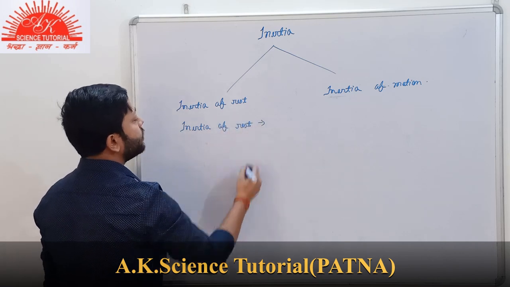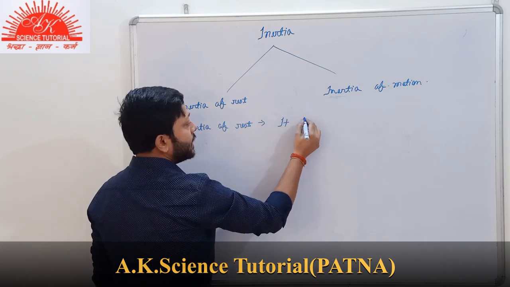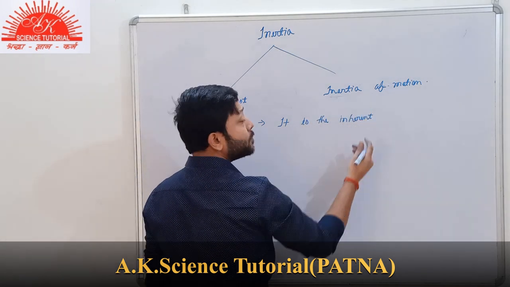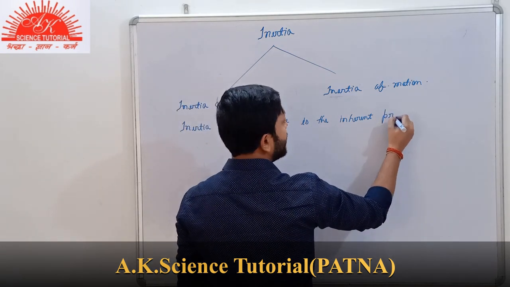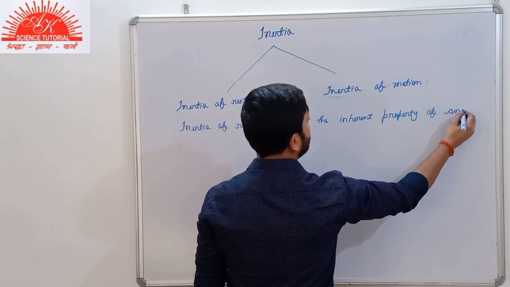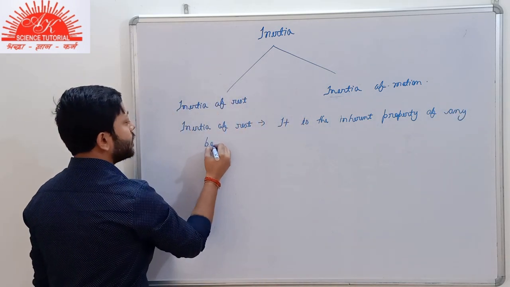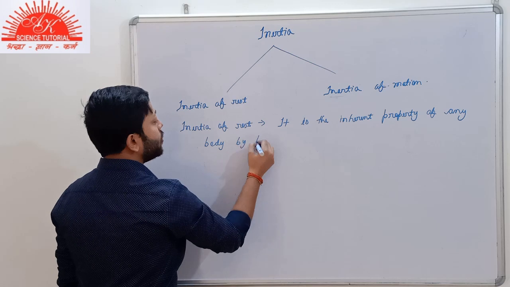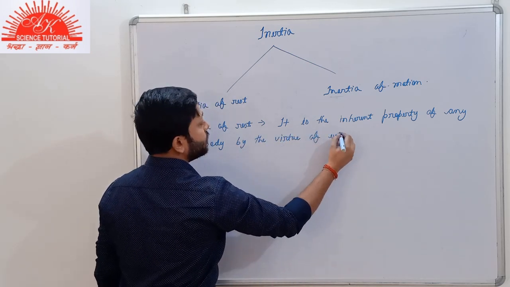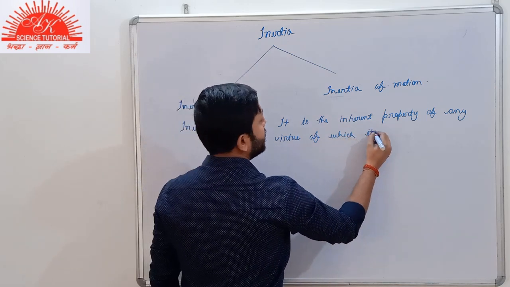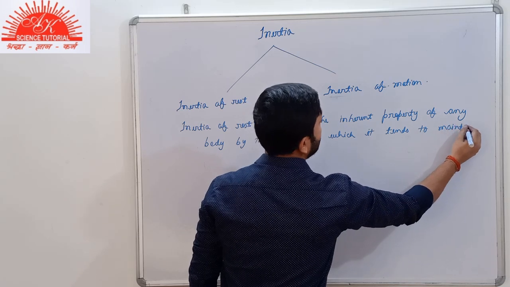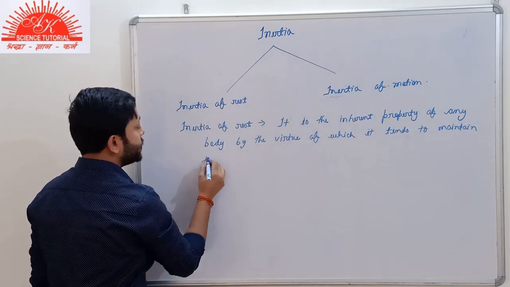Let us define it. It is the inherent property, inherent means possessed by the body. It is the inherent property of any body by the virtue of which it tends to maintain the state of rest.